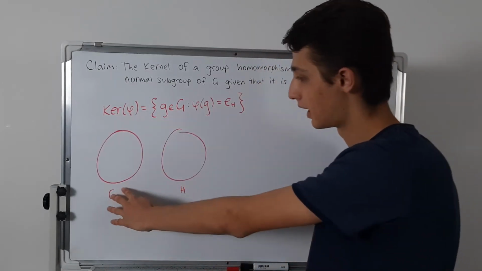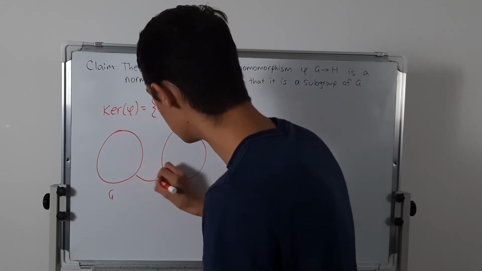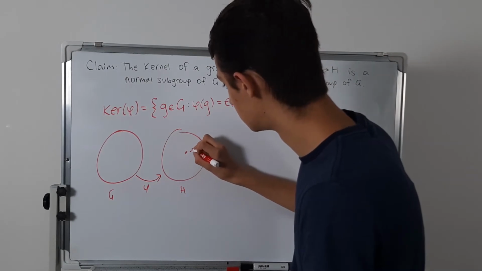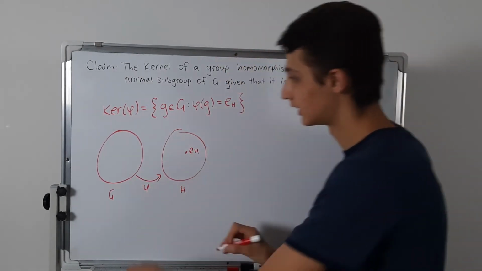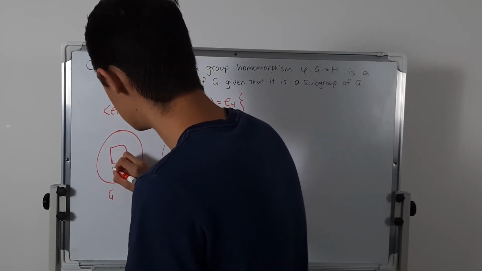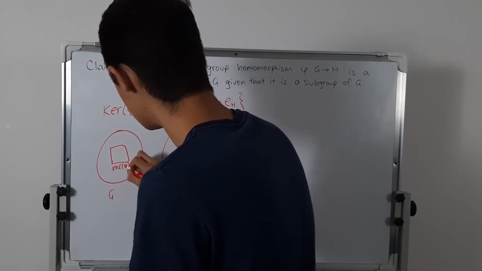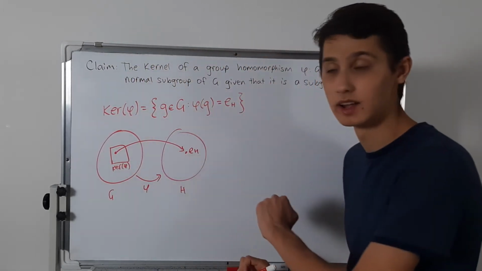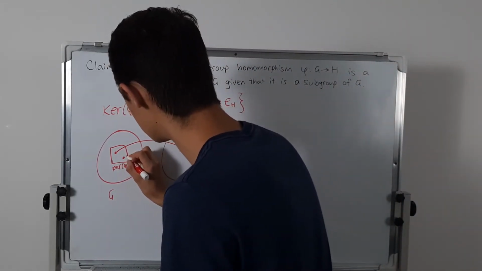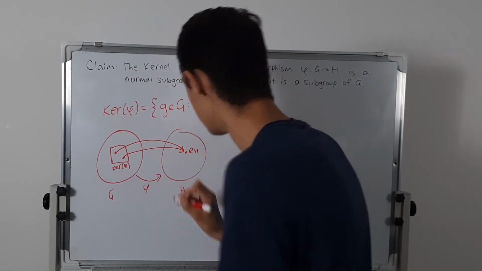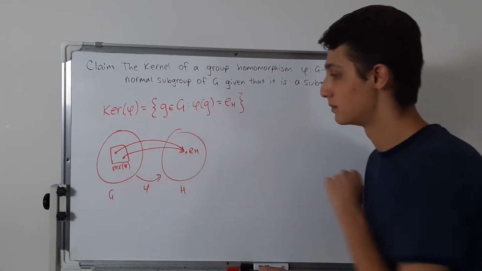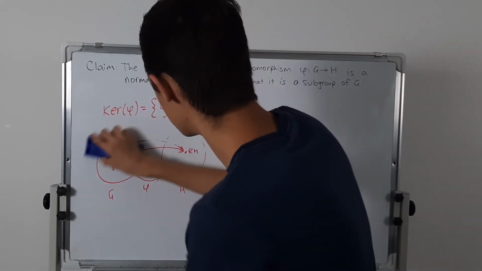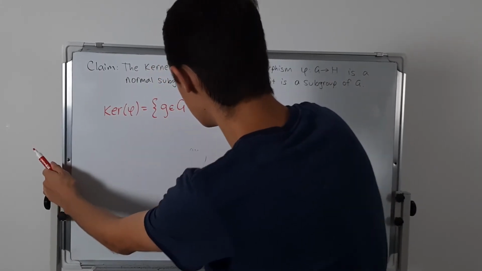So here I have our set G and our set H with the homomorphism phi mapping there, and the identity of H is going to be here, and this box denotes the kernel of phi. Any element in here will be mapped to the identity, and I can draw another as an example. So this guy will also be mapped there. All the elements in this box will be mapped to the identity in H. That's just a quick visual, and that's the whole point of the kernel.